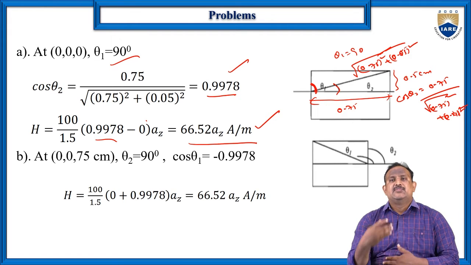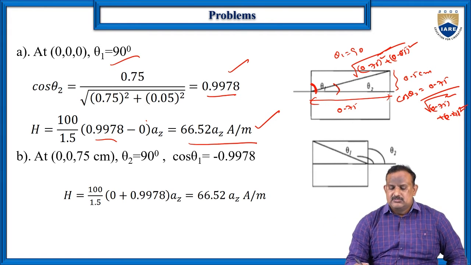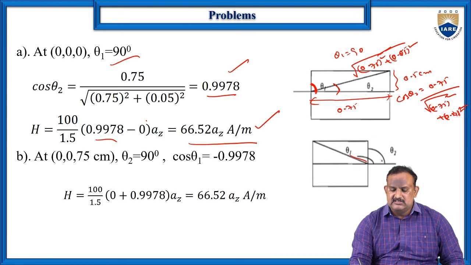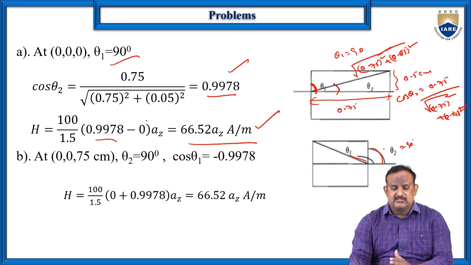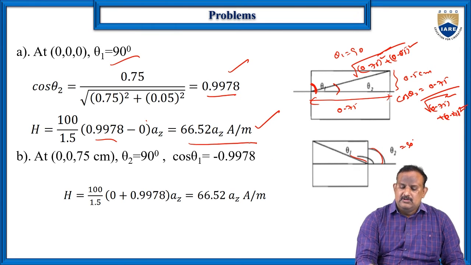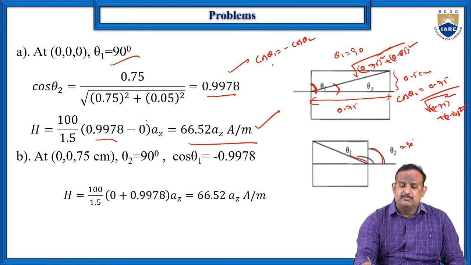Then we need to find the magnetic field intensity at the end of the solenoid. At the end of the solenoid, theta 2 is 90 degrees, and we need to find the theta 1 value. Theta 1 is on the negative side compared to theta 2. Therefore cos theta 1 equals minus of cos theta 2 from the previous condition.